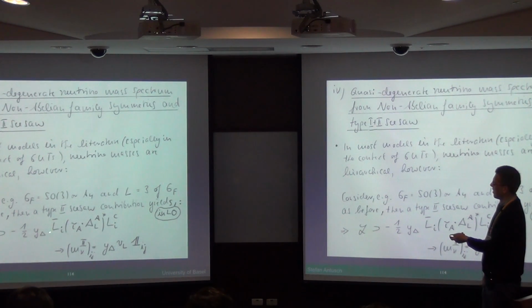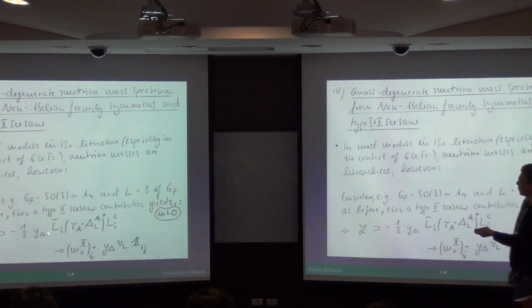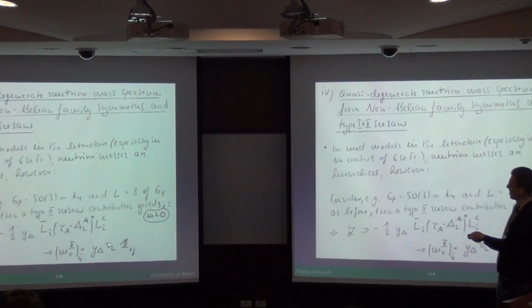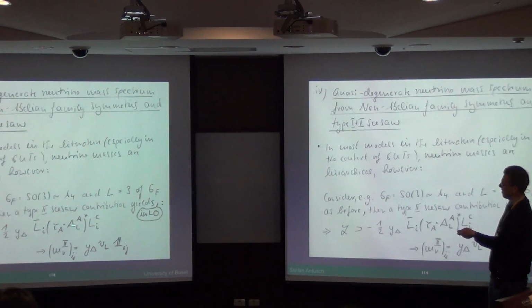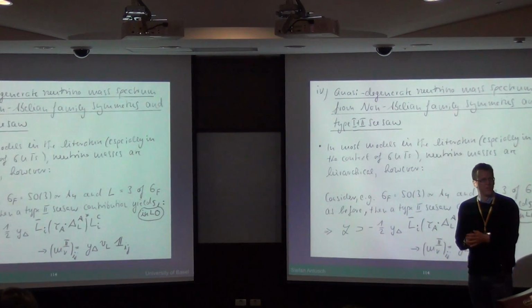But now, since these two are triplets, you have to contract these two triplets to a singlet. So this means you don't have a general Yukawa matrix anymore. You just have one value here, one Yukawa coupling, and this flavor structure is completely diagonal. So you get a type 2 mass contribution, which is just this Yukawa coupling, this small left-handed triplet vev, times the unit matrix.